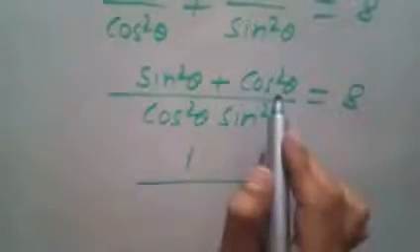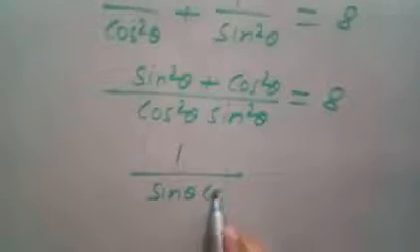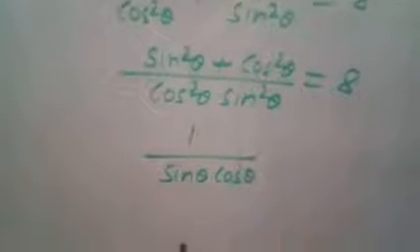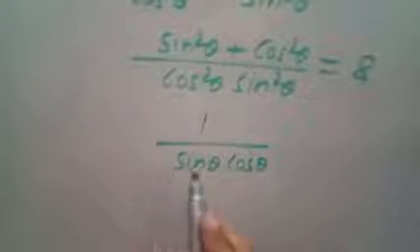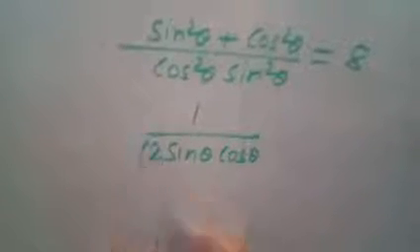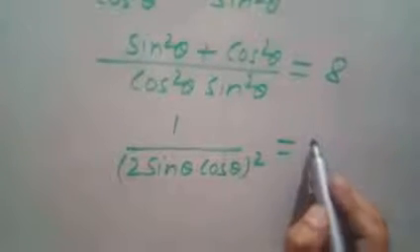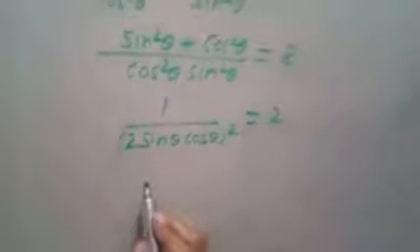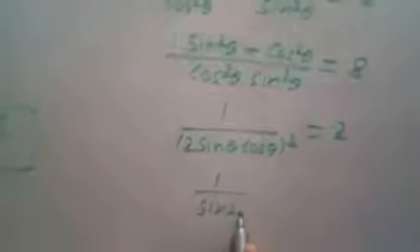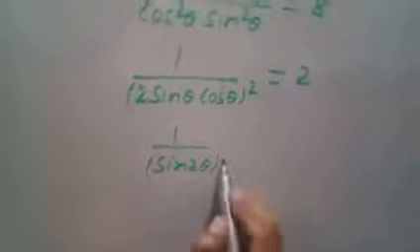So we know that this is 1, and here I am going to write sin theta cos theta, and here is 2, and that is the whole square. So it means we have taken 4 from this, so here is 2. So in the very next line, 1 upon sin 2 theta whole square equals 2.